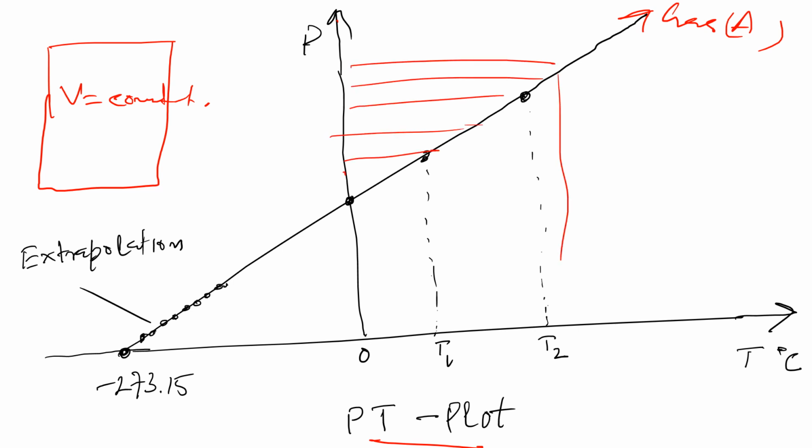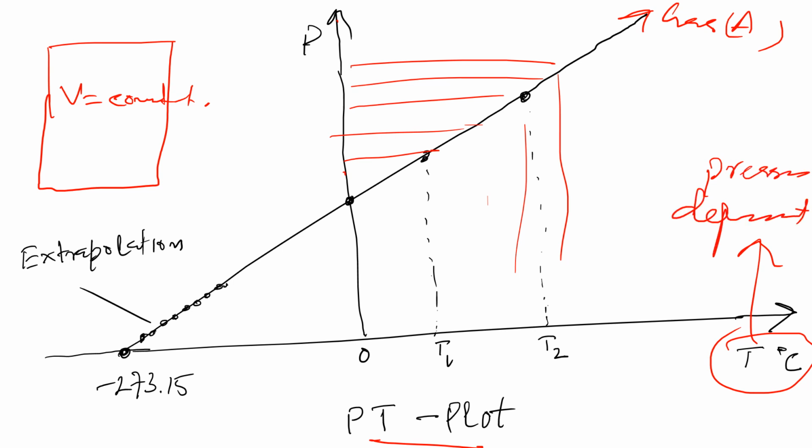If we decrease the pressure, the temperature will decrease. So here we can conclude that degree centigrade is pressure dependent, right? At sea level, water can be boiled at 100 degrees centigrade, but when we move away from sea level, this temperature will change.